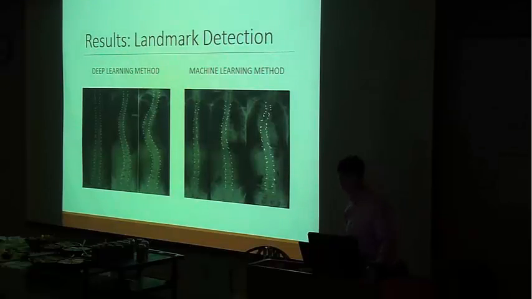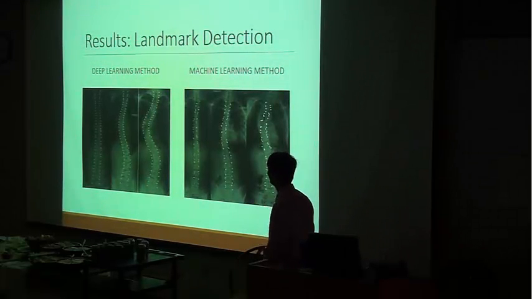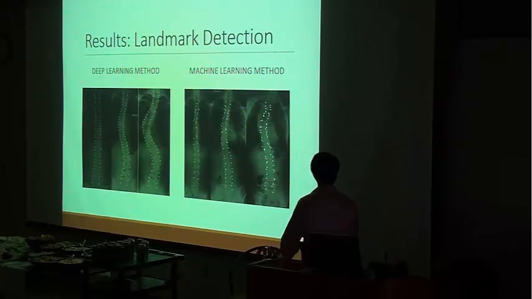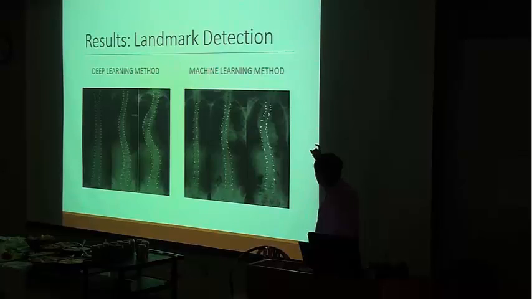So here we have some nice images of our spinal landmark detection methods. As you can see, using our proposed deep learning method, we can have very nice curves, and if you compare that to the machine learning methods, the curves are not that smooth.